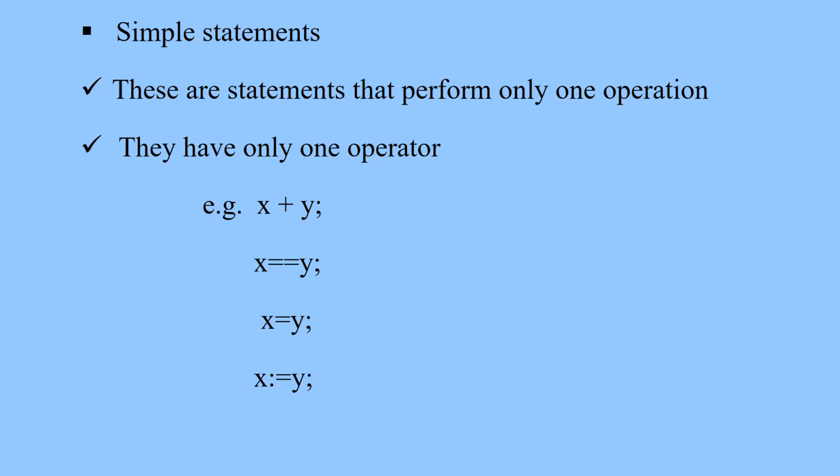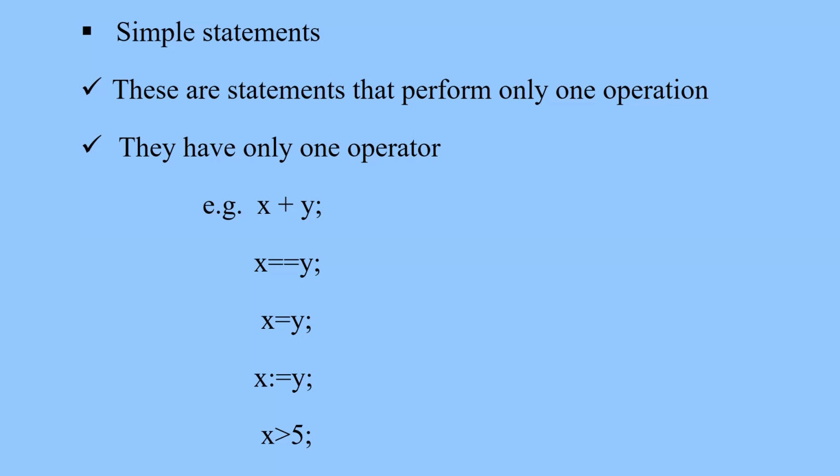Simply it means get the content of the memory location called Y, assign it to the memory location called X. So that's also a single operator. It's an assignment operator. Then we have X greater than 5. Is X greater than 5?